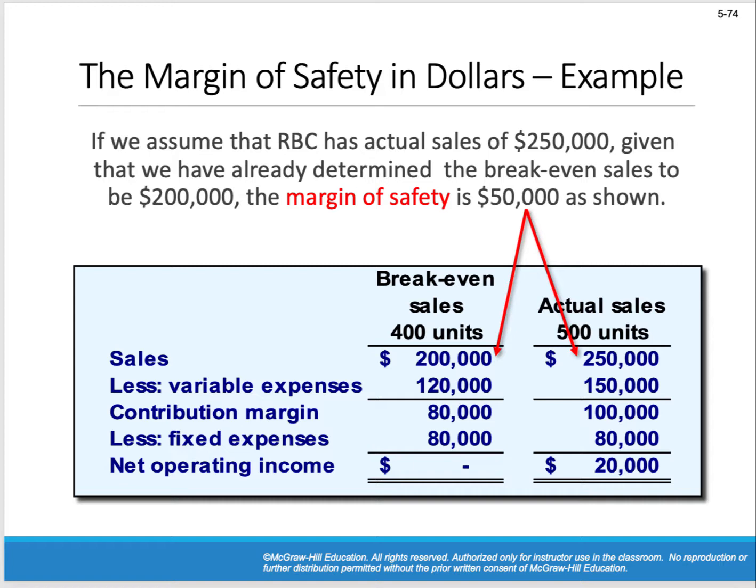Now, the key thing here is that we can look at the margin of safety in dollars, which we just did. We're going to see how we look at the margin of safety in terms of a percentage. And we're also going to see how we can express margin of safety in terms of the number of units sold.